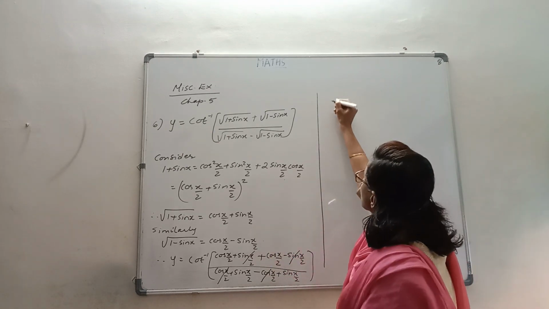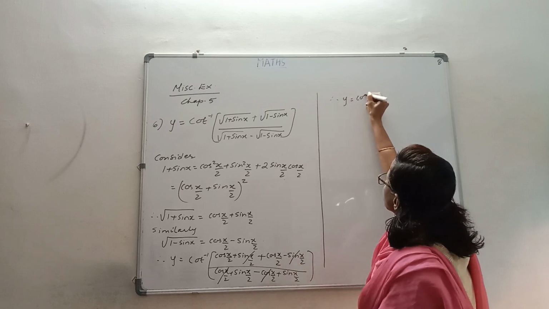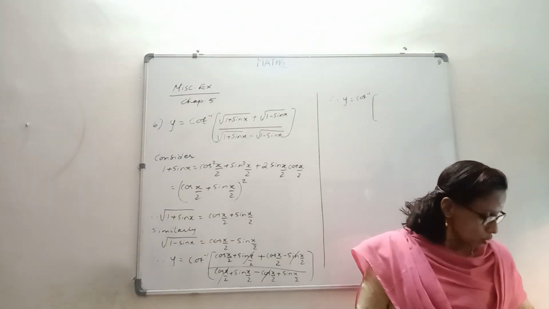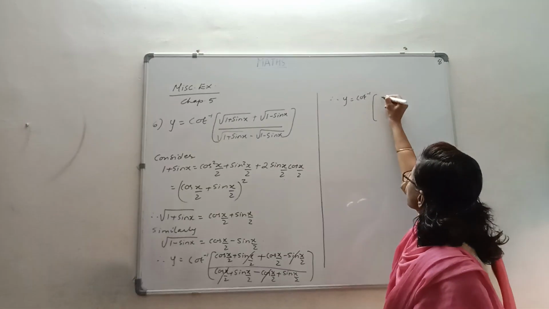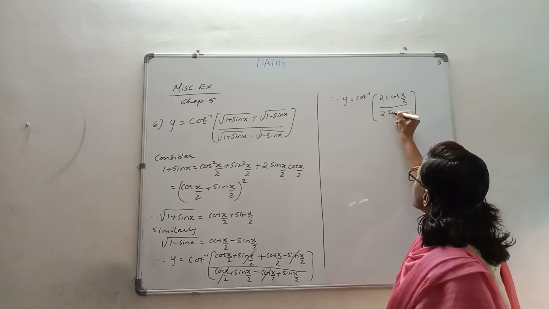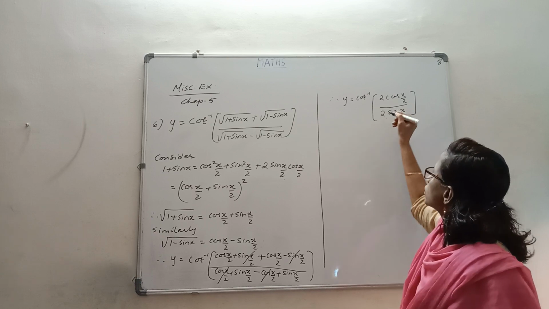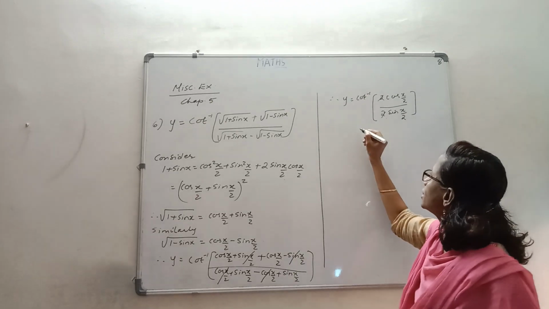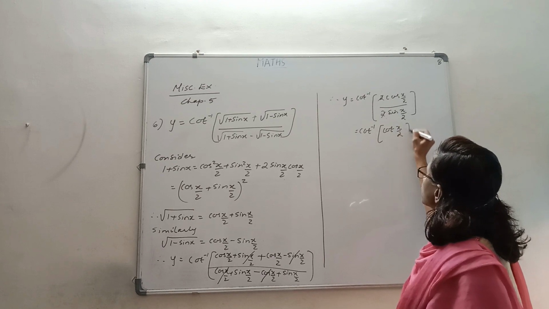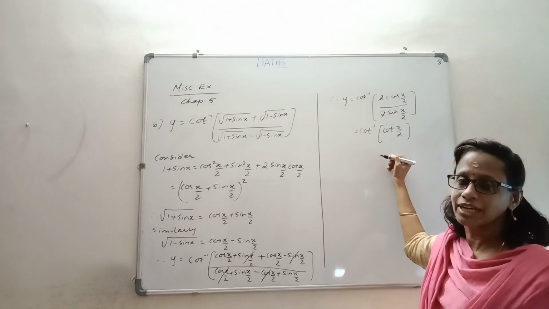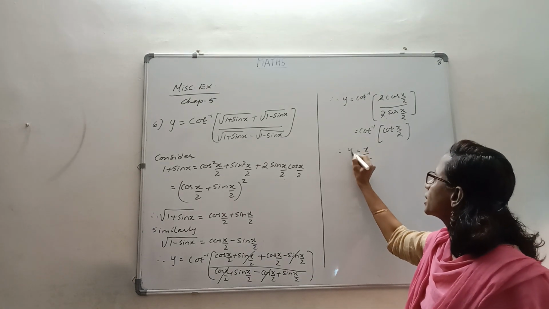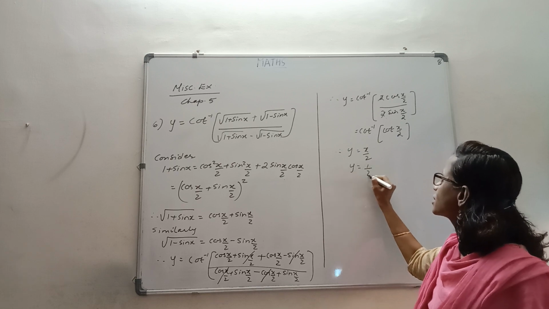Y therefore is cot inverse of cos x by 2 plus cos x by 2, which we all know is 2 cos x by 2, so the numerator is 2 cos x by 2, and the denominator is going to be 2 sin x by 2. So the 2s can cancel each other. As a result, we are left with cot x by 2. We observe cot inverse and cot are inverse functions. As a result, we are left with x by 2. So your y is now becoming x by 2, which means y is half x.